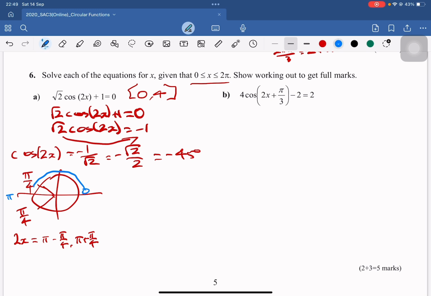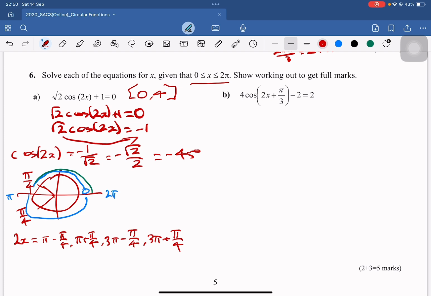And now you go all the way to 2 pi. But because there's nothing here, we're going to keep moving along. So eventually you get to 3 pi, and that's when you get your last set of answers, which is 3 pi minus pi on 4 and 3 pi plus pi on 4.